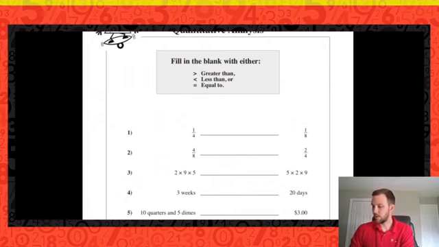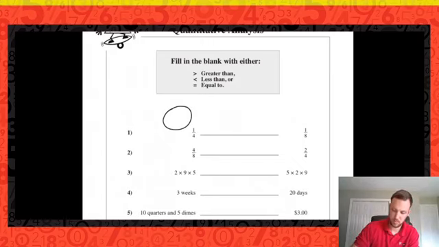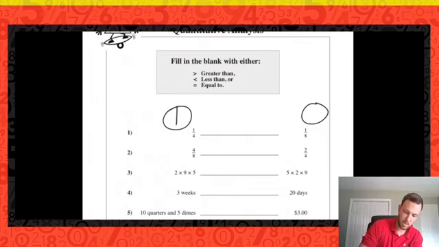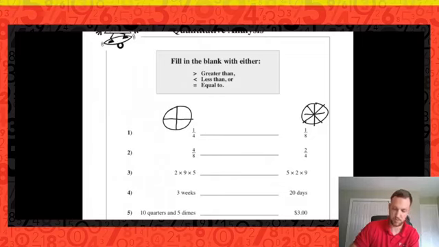So one way that we can look at that is if we have a pizza, would you rather have a piece of pizza that was cut into 4 pieces or into 8 pieces? Which of those pieces is bigger? This slice is bigger than this slice. So 1/4 is greater than 1/8.